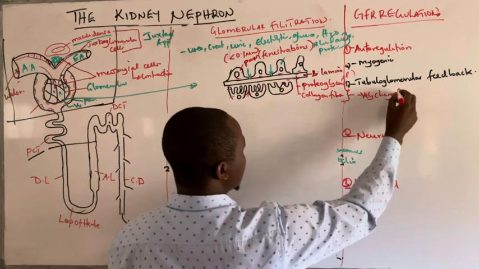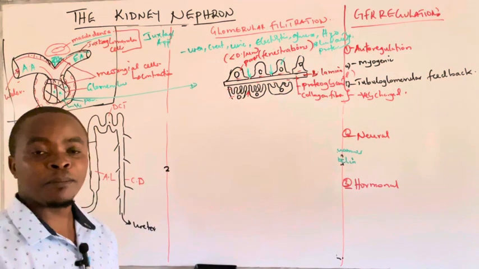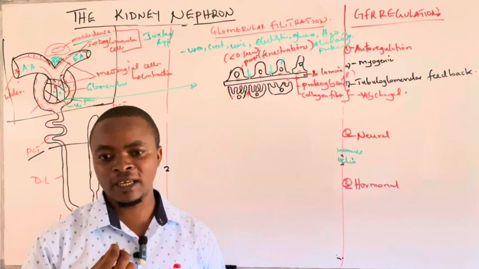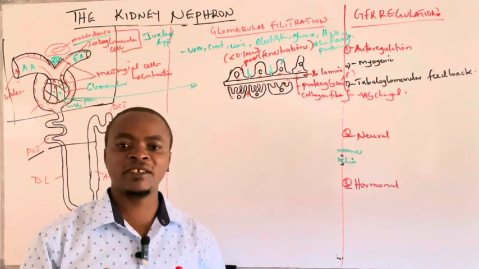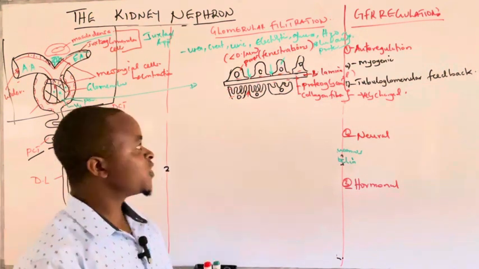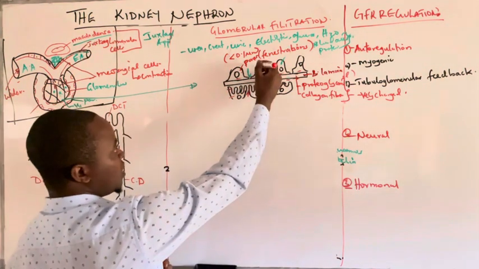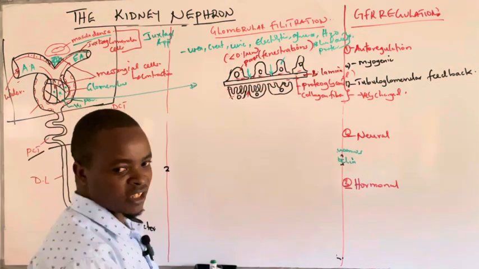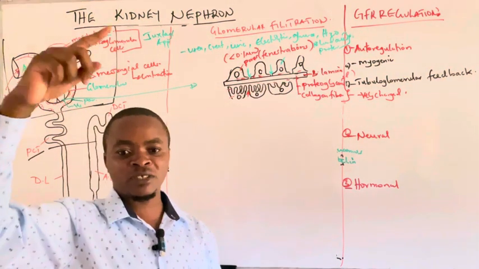And since it is negatively charged, proteins which are negatively charged are repelled. So whenever a protein wants to pass through the fenestration, it reaches the basal lamina, which is negatively charged, and the negative charge repels it.